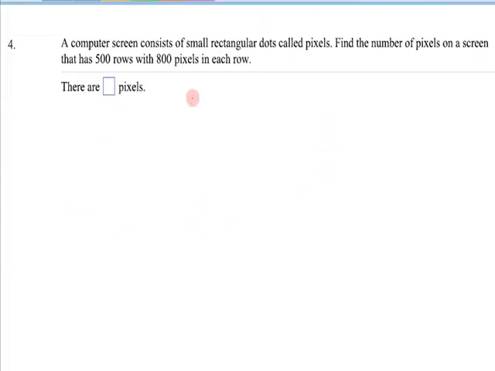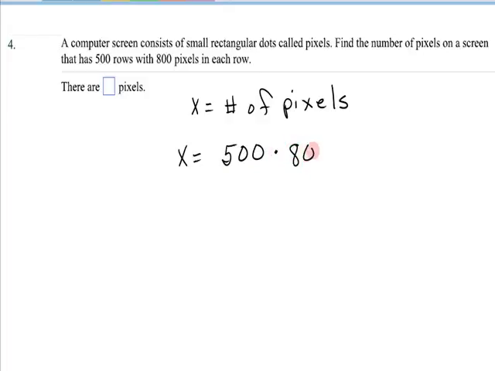So, X is the number of pixels. So X is, there are 500 rows, there are 800 pixels on each row. So I have 500 times 800.